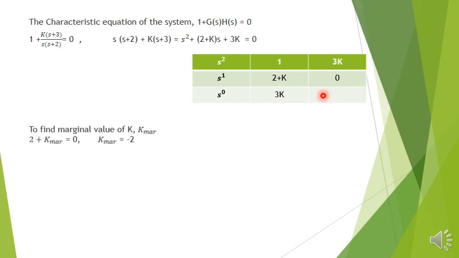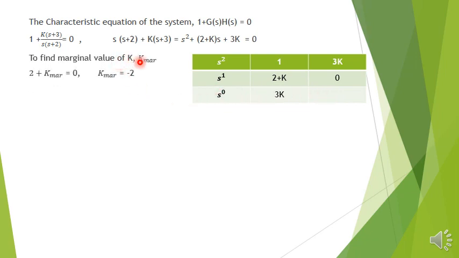So to find the marginal value of k, if I consider 2+k = 0, then k marginal is equal to -2. Or if I take 3k = 0, k = 0. So k marginal is -2.